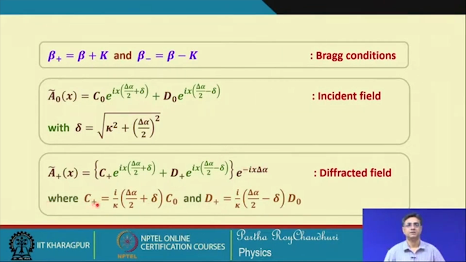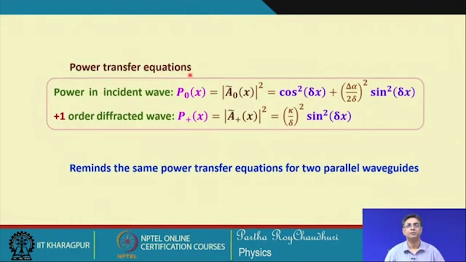So, C plus, this we have seen can be represented knowing the constants C 0 and D 0, they are represented by this.